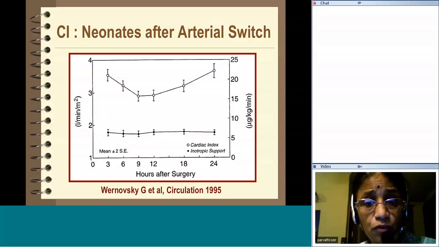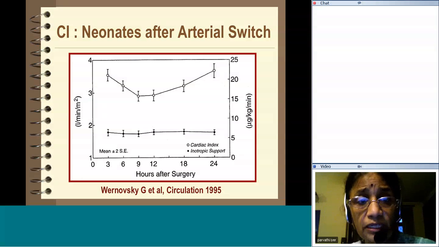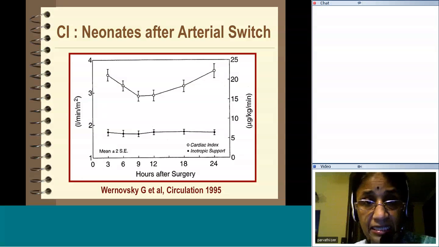If you follow closely the cardiac index as well as the inotropic support, you can see in the upper graph a dip or a nadir in cardiac output, which peaks at about 9 to 12 hours following cardiac surgery. And this is the time when the inotropic support is escalated.